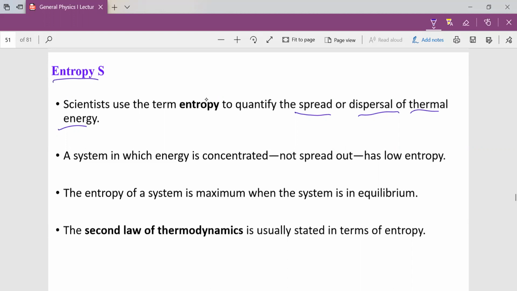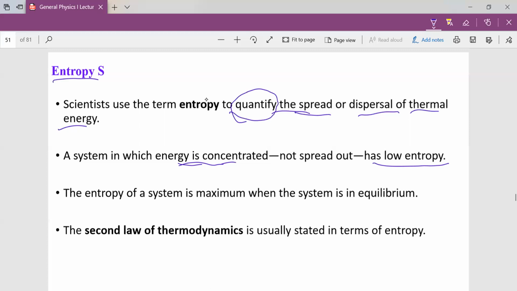Yes, but what we mean actually by implication is the measure of the spread or dispersal of thermal energy throughout the system. A system that has energy concentrated, that is not spreading, will have a very low entropy. But a system where the energy is spreading out will have a high entropy. So we use that to quantify the rate at which thermal energy will spread in a system.